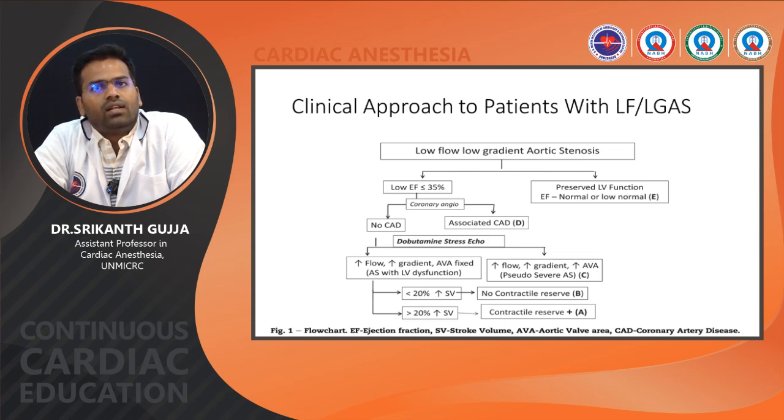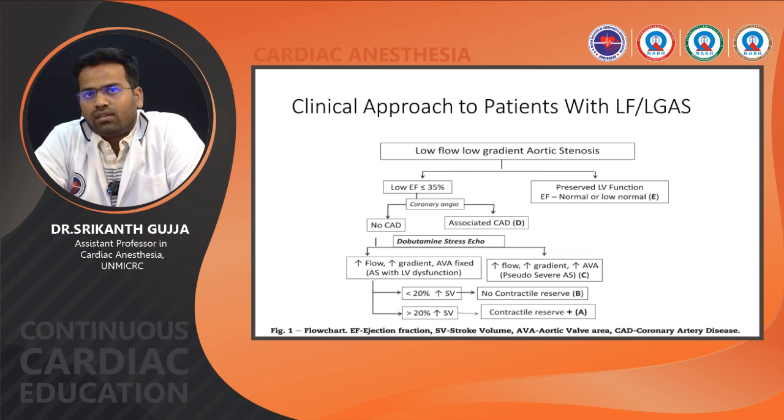But in pseudo severe AS, the aortic valve area will be increased more than flow and gradient. So, by this way we differentiate the pseudo severe AS from the true AS.